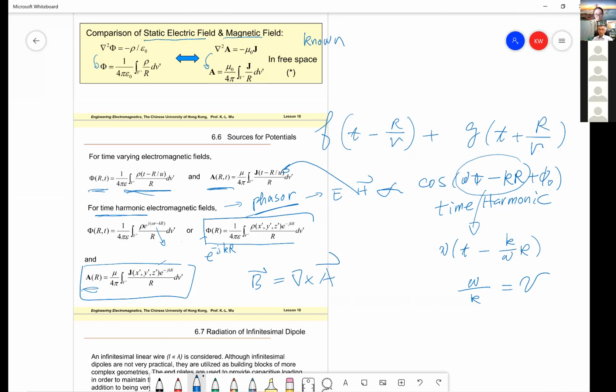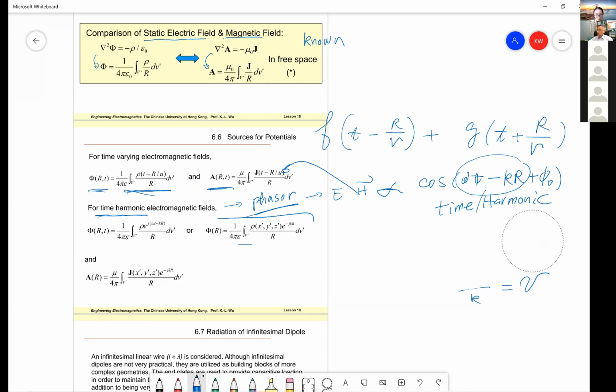All right. By the way, what I need to emphasize, let's show the coordinate. If we have a coordinate, this is a field point.